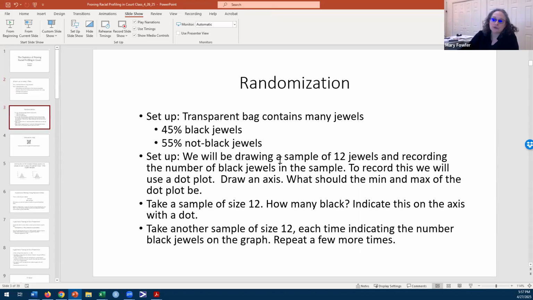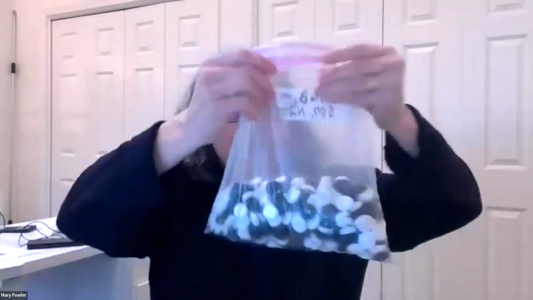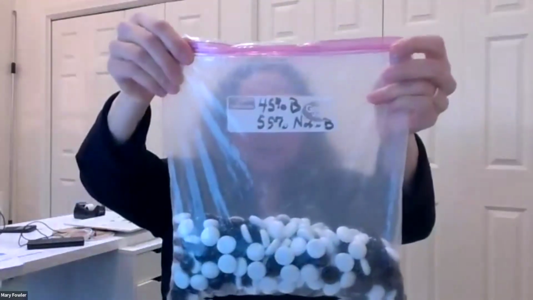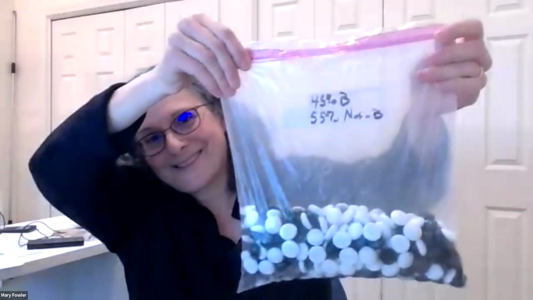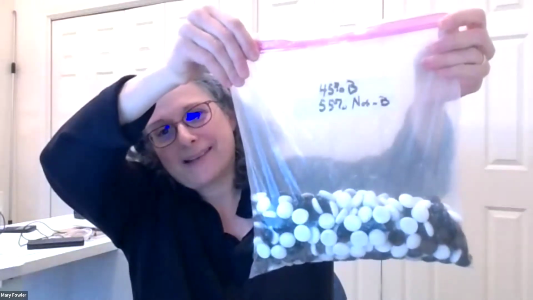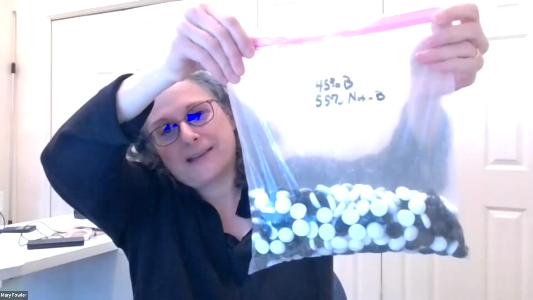So I want to start with this randomization. I have set up a bag, and in this bag, I have black jewels and non-black jewels. 45% are black and 55% are not black.